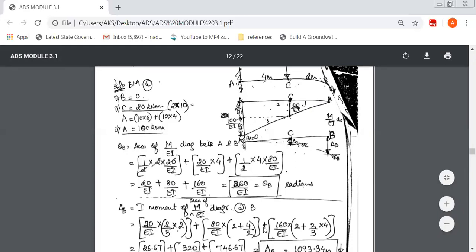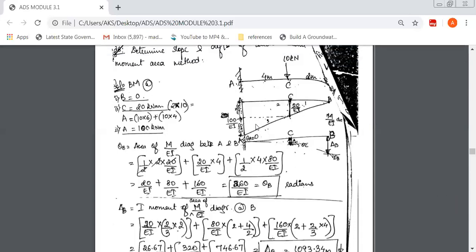Next, third quantity, that is area of a triangle. So area of a triangle, we've already found out here. So this is the area of a triangle. I've written it here. Next, again, the centroid of this is at this point. Then the centroid of a triangle measured from the apex. You have to measure it like this because point B is here.